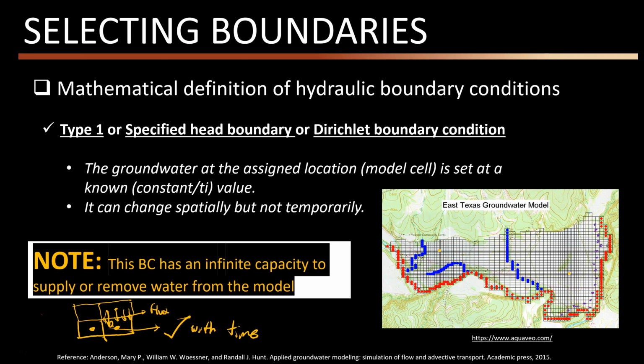Why? Because I forced the system to have a fixed head here, and it supplies an infinite amount of water, and I always have water because I fixed the head there. So they can feed these pumping wells.